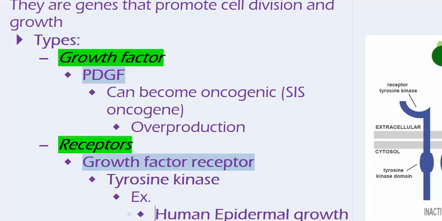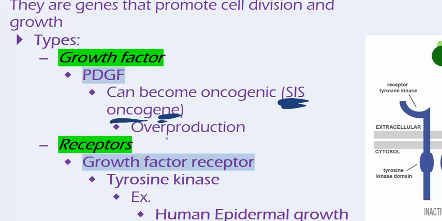When you have the sis oncogene, you have overproduction of platelet-derived growth factor. If you have too much of it, that's going to promote the cancerous state. Cool?